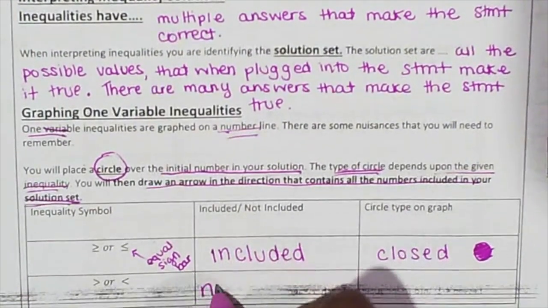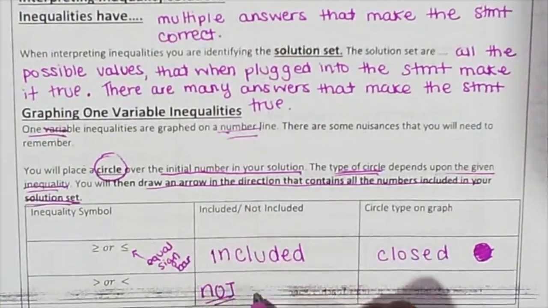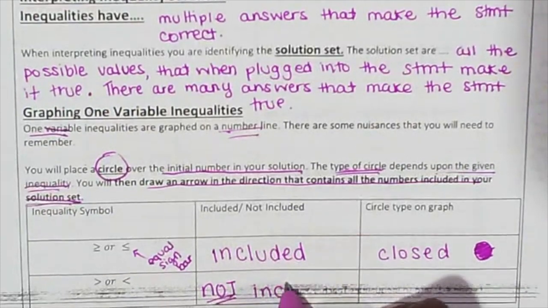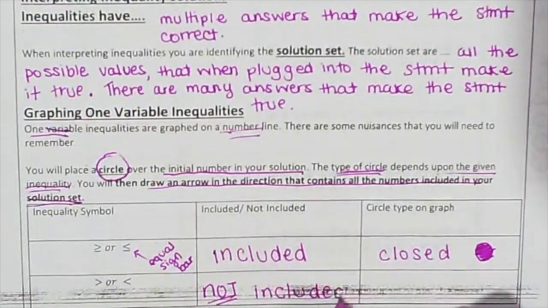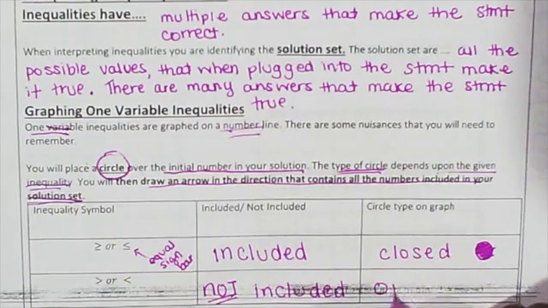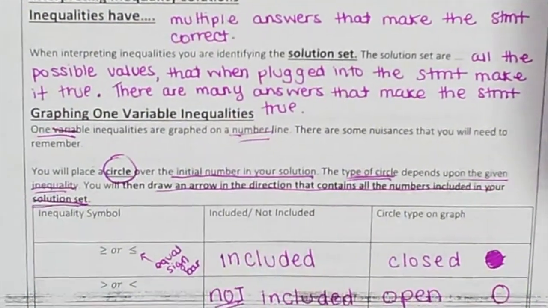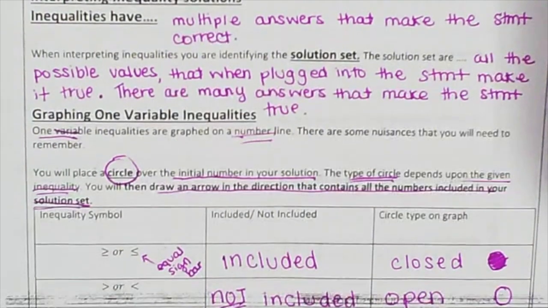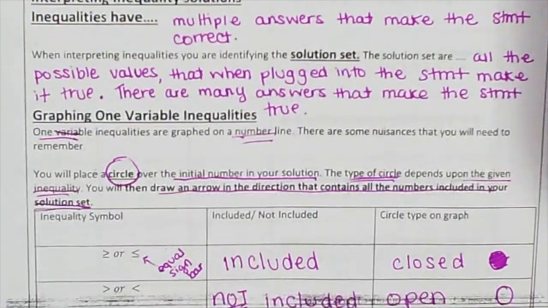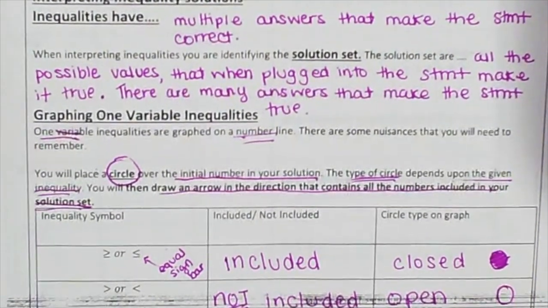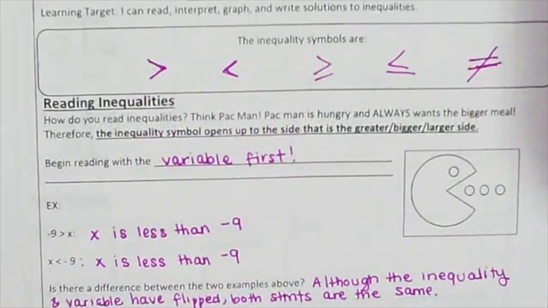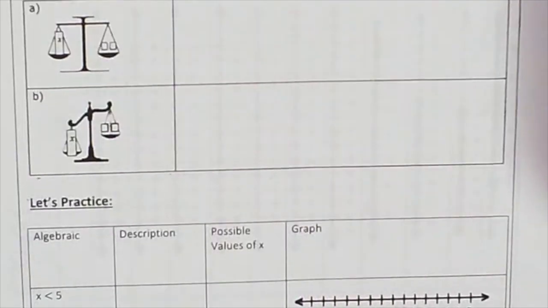If I have a less than or greater than symbol, meaning that the equal to sign bar is not there, that means the number that I've solved for is not included in my solution set. And to indicate that when graphing, I will need to use an open circle on the number that I've gotten when I've solved. Now let's turn to the next page and begin to apply the stuff that we've talked about.